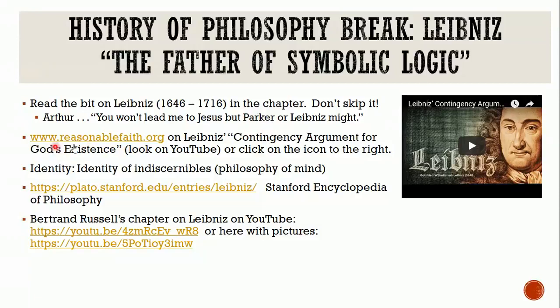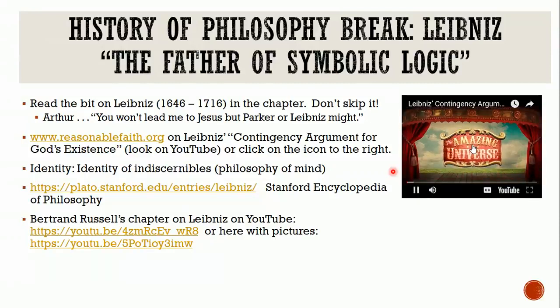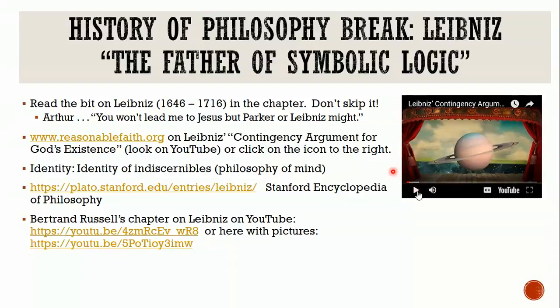All right, reasonablefaith.org. Look up William Lane Craig's little deal here. We live in an amazing universe. But yeah, check that out. It's 5 minutes long. Also, if you do philosophy of mind, Leibniz is very important. The identity of indiscernibles, indiscernibility of identicals.